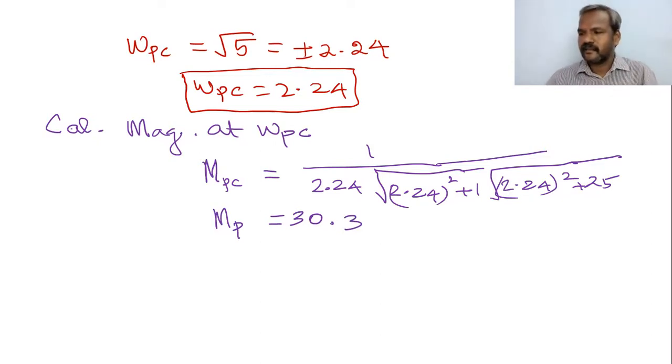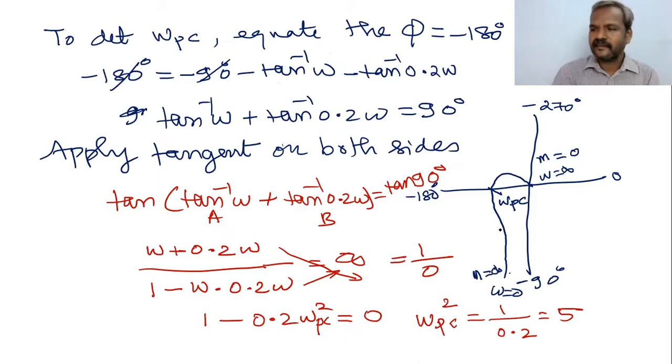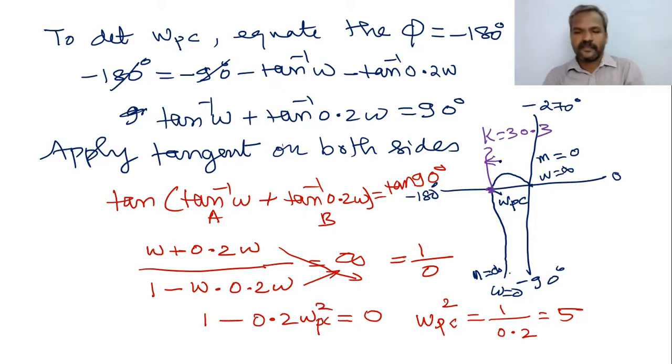Understand or not? First we draw this line. At this point, omega PC is equal to 2.24, and the corresponding magnitude is 30.3.